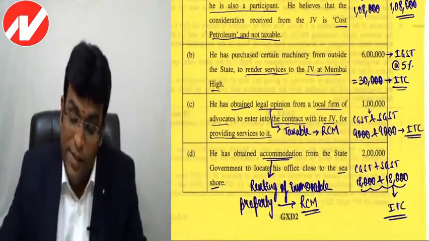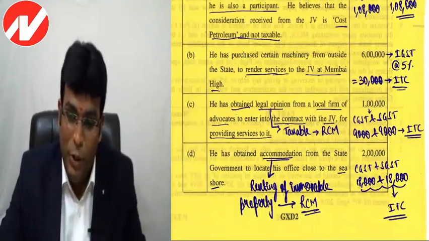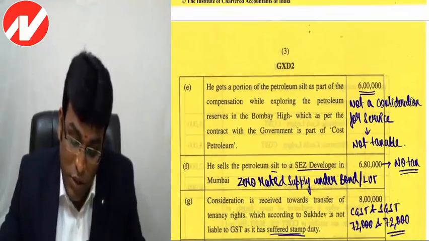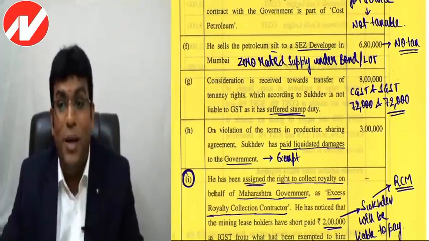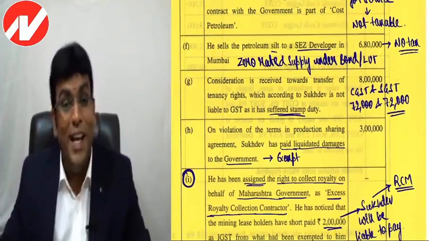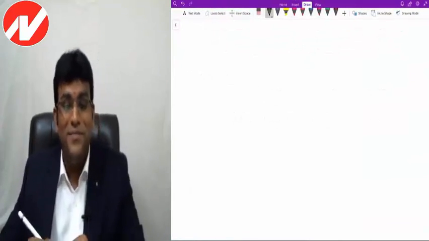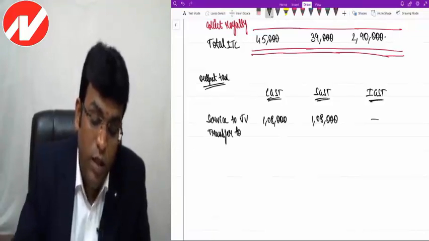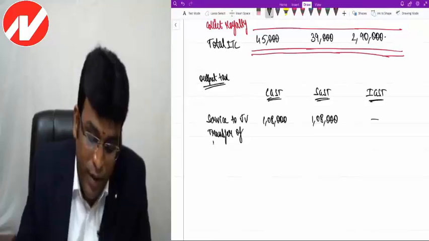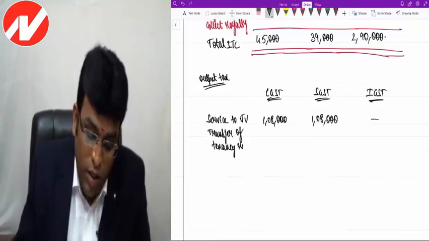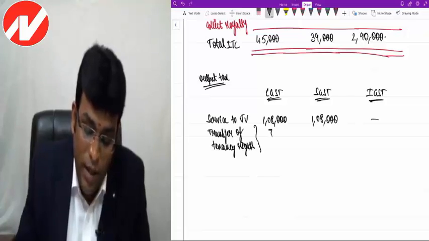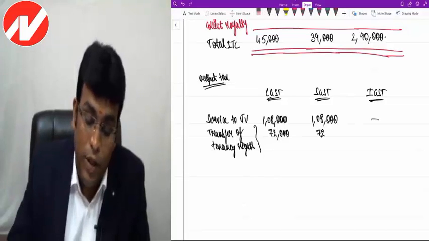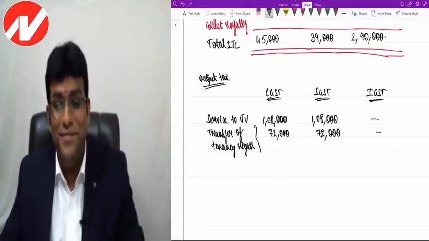Debit input tax credit, CBIT input tax credit, debit also is input tax credits. Then EBIT also not taxable, FBIT also not taxable, but GBT is taxable. Transfer of tenancy rights 72,000, 72,000. Getting clarity, friends?